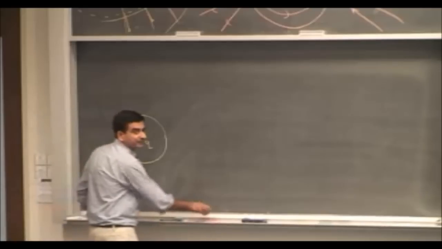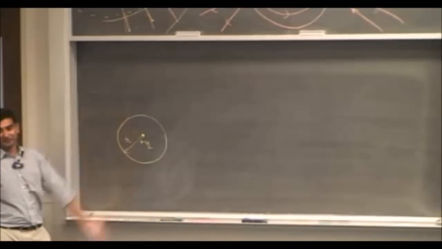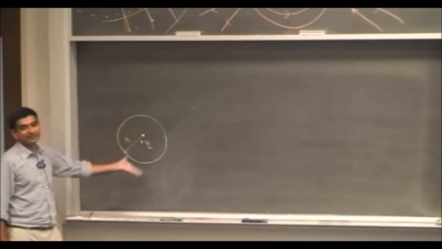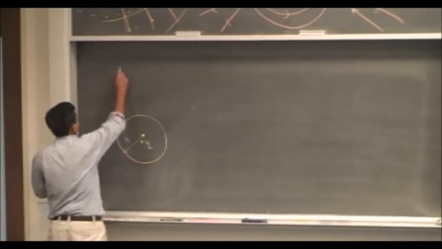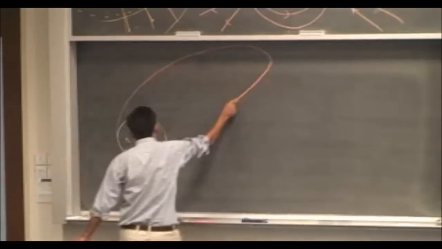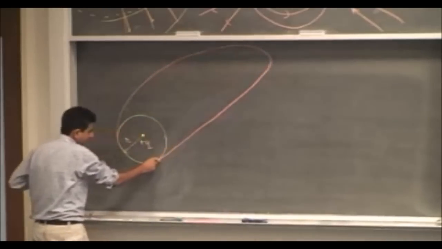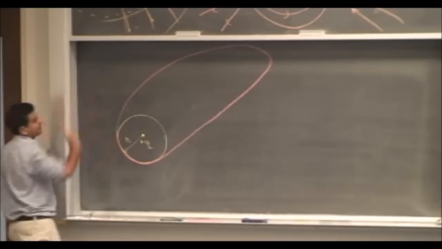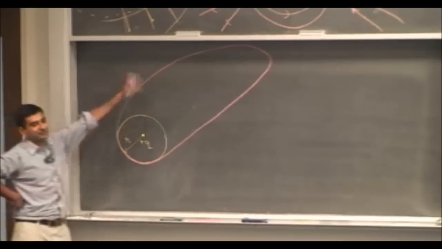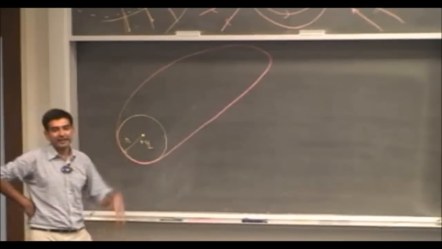Now suppose I pick up some other surface that is outside this surface. A pear-shaped surface, like a boomerang or an airfoil.